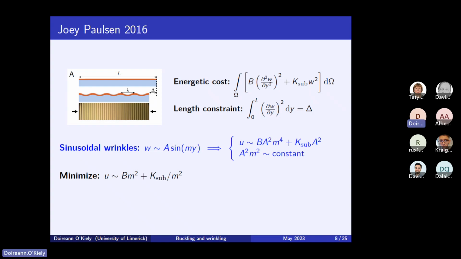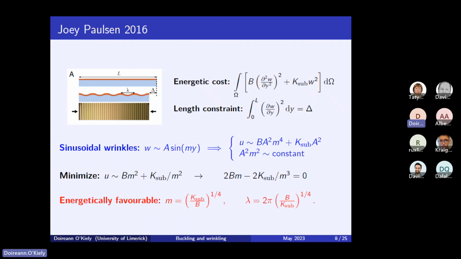And I end up saying that the energy I need to minimize is the sum of a term that increases with wave number and a term that decreases with wave number. And so there's going to be some compromise intermediate wavelength that minimizes the sum of the energies. And I can write that down. So I can write down a wave number and I can write down a wavelength.